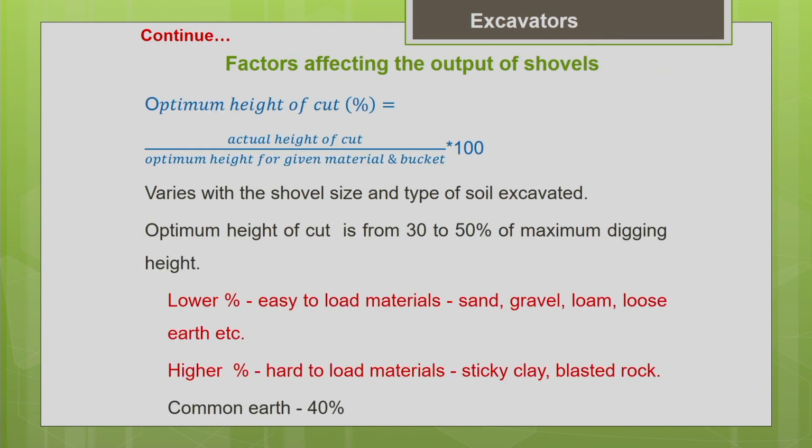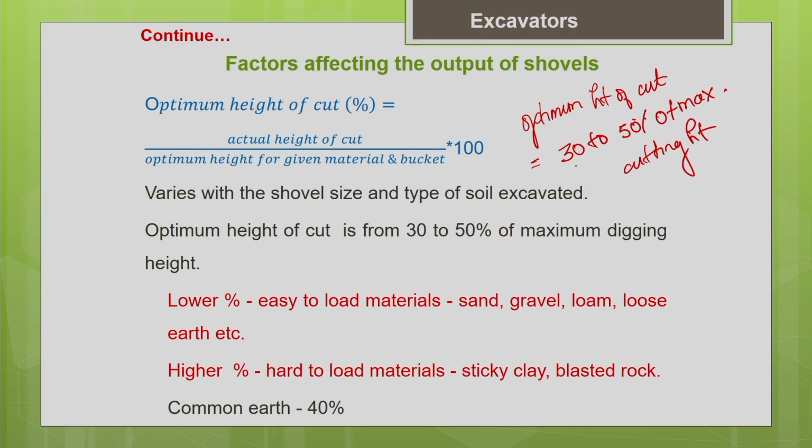Now let us see how to know the optimum height of cut for the machine. The optimum height of cut required for a particular machine depends upon the dimension of the machine, as I told you. Based on studies, it has been found that it is equal to 30 to 50% of the maximum cutting height.